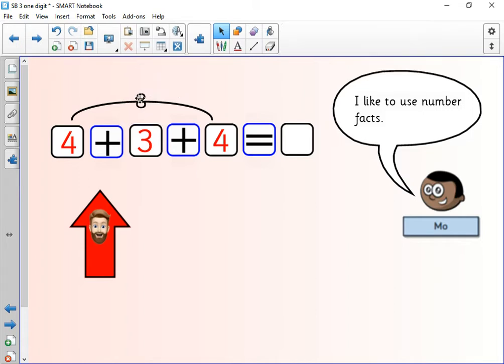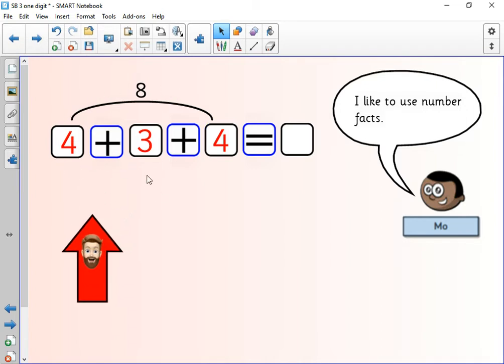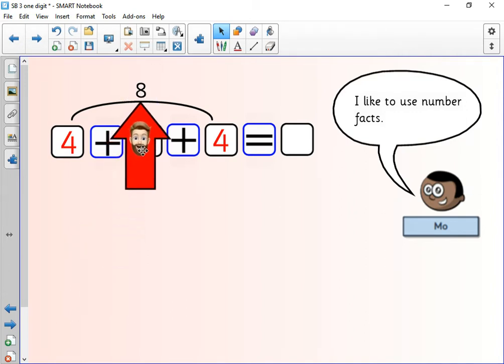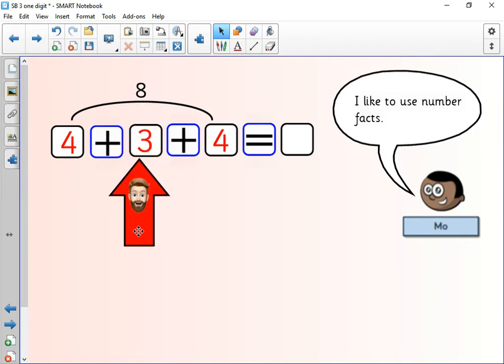is 8. So Mo spotted 4 and 4 is 8, and then he's going to count on 3 more. 8, use my pointy stick, 8, 9, 10, 11. He counted on 3 more.